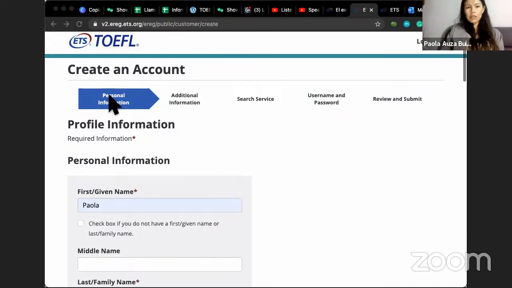Aquí simplemente, como ven, aquí esos son los pasos. Personal information, adicional, perdón, ahí llenan un poquito más de su fecha de nacimiento, lugar de nacimiento, país de nacimiento. Y luego aquí les va a hacer crear, ¿no? un username, un password. Siempre traten de anotarlo en algún lugar por si acaso.